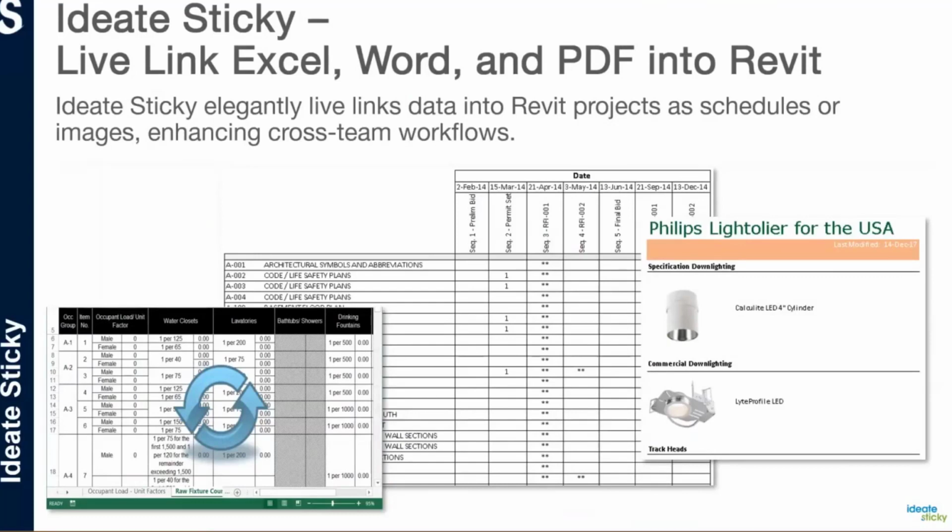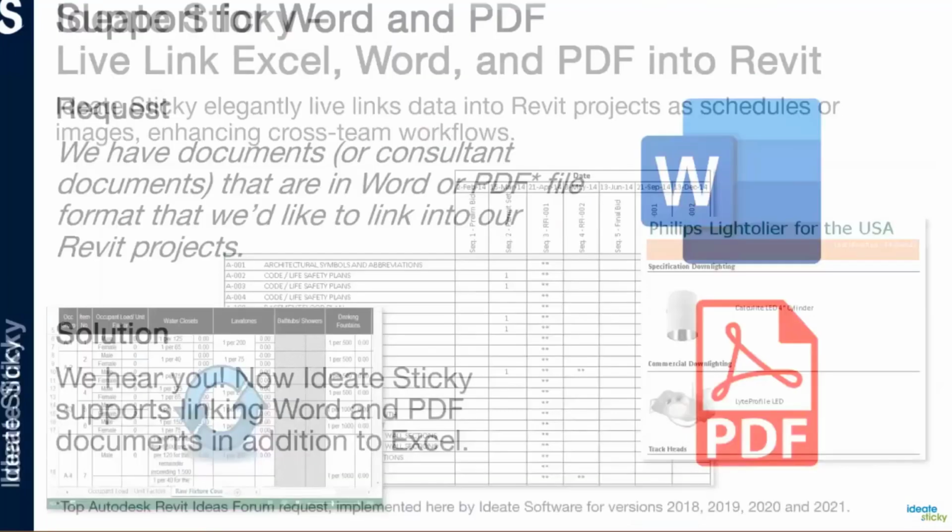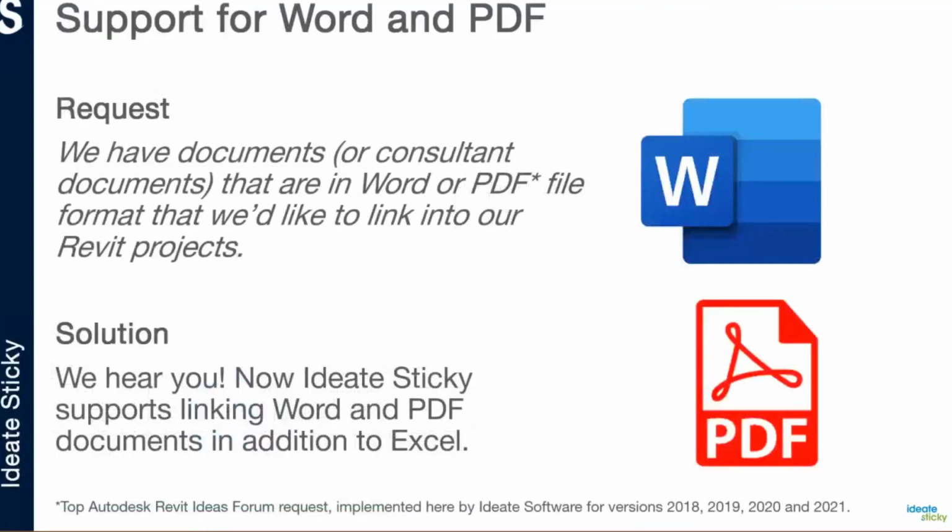The big new feature that we've added is the addition of Word and PDF and our ability to link that information into the Revit project. This has been a high request for Revit users, being able to link not only Excel, but also Word and PDF documents.